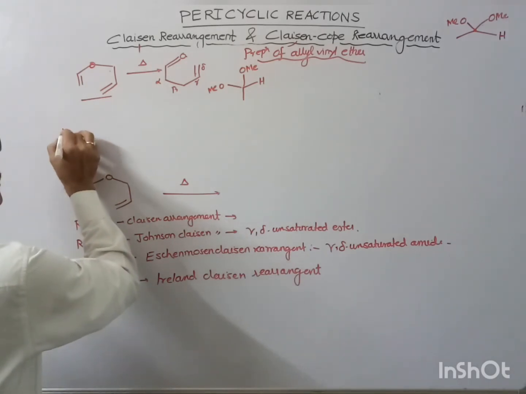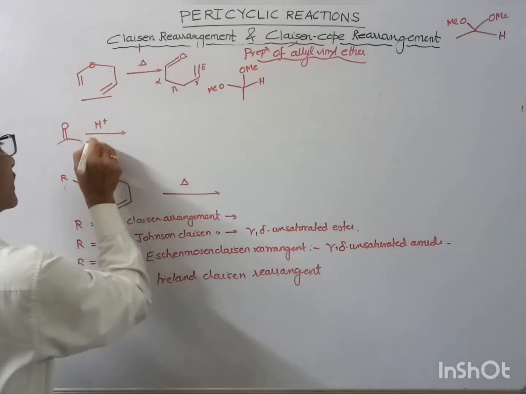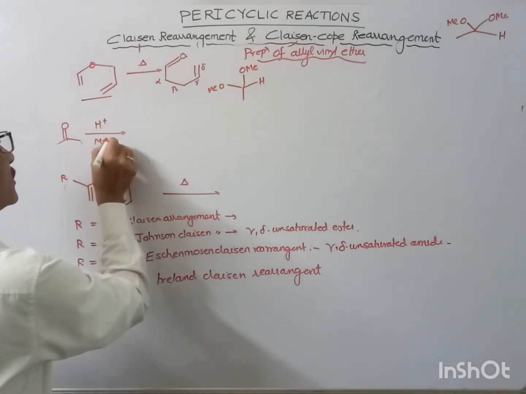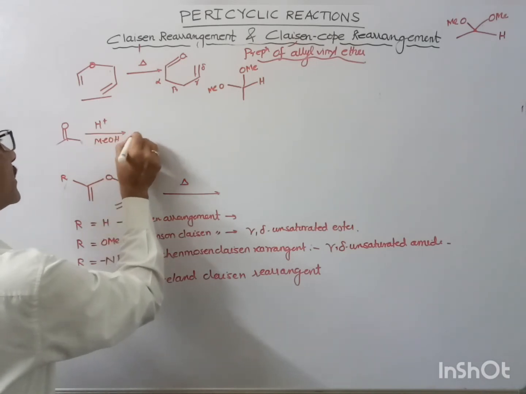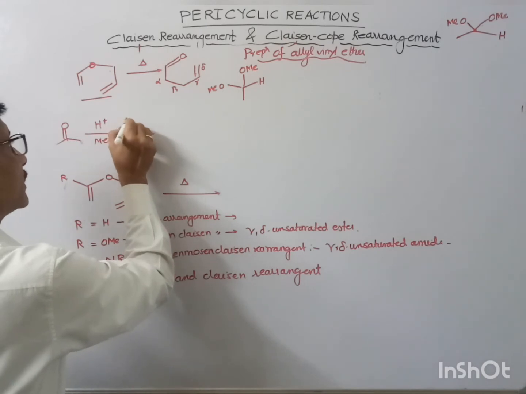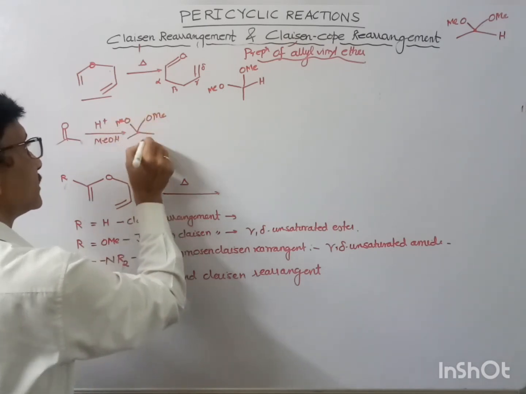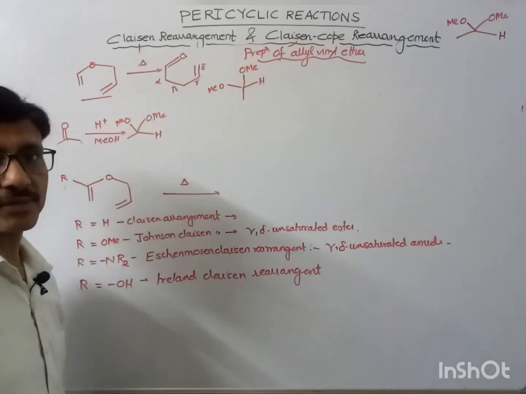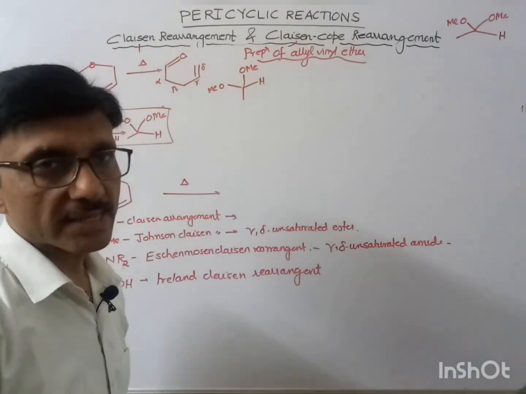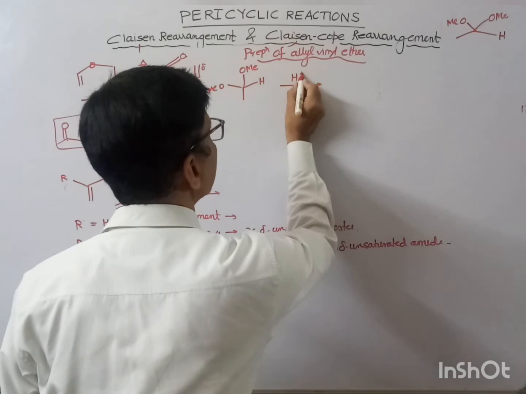Suppose we have a carbonyl group, and this carbonyl group under acidic condition as a catalyst, and if we have methanol, then we will get the acetal. First of all, we will get hemiacetal and then we will get this acetal. Okay, so now I have taken this acetal under acidic condition.